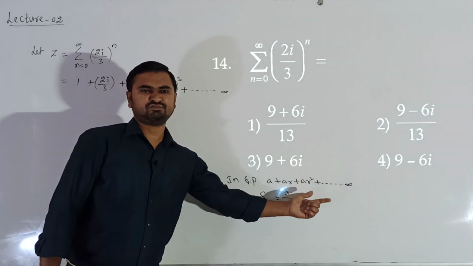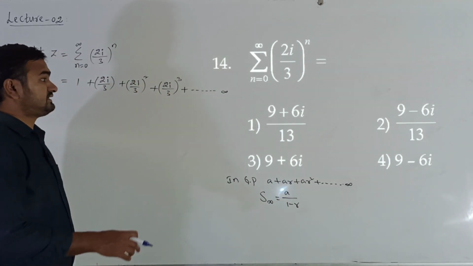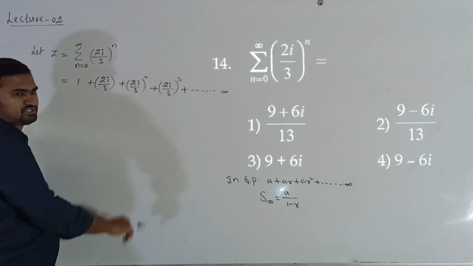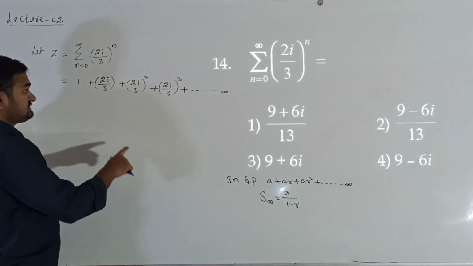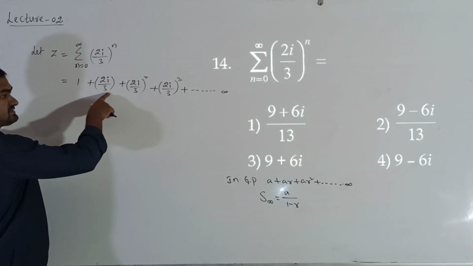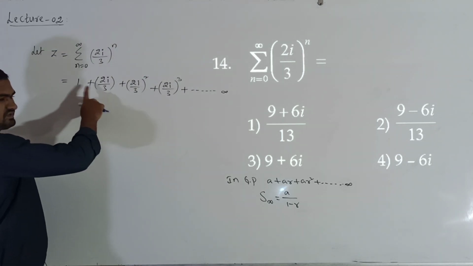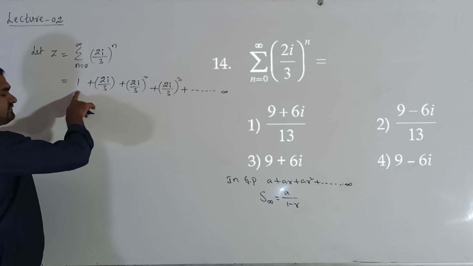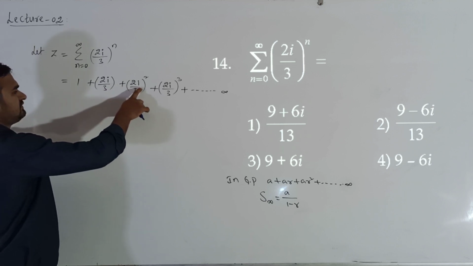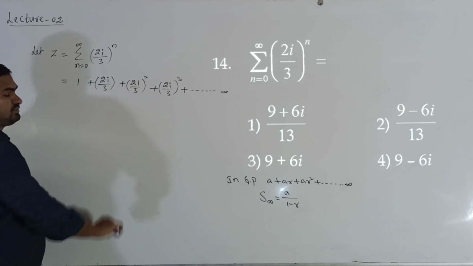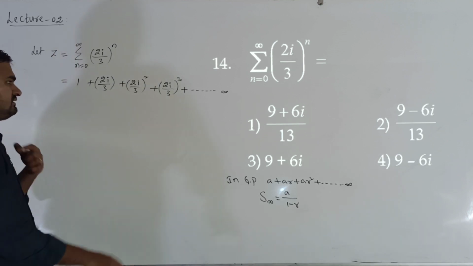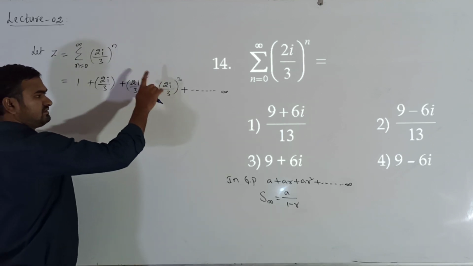So whenever we have infinite number of terms, observe whether it is forming a geometric progression or not. How to check whether it is a geometric progression or not? Just take the ratio of consecutive terms: 2i by 3 divided by 1 is 2i by 3, 2i by 3 whole square divided by 2i by 3 is 2i by 3, 2i by 3 whole cube divided by whole square is 2i by 3.